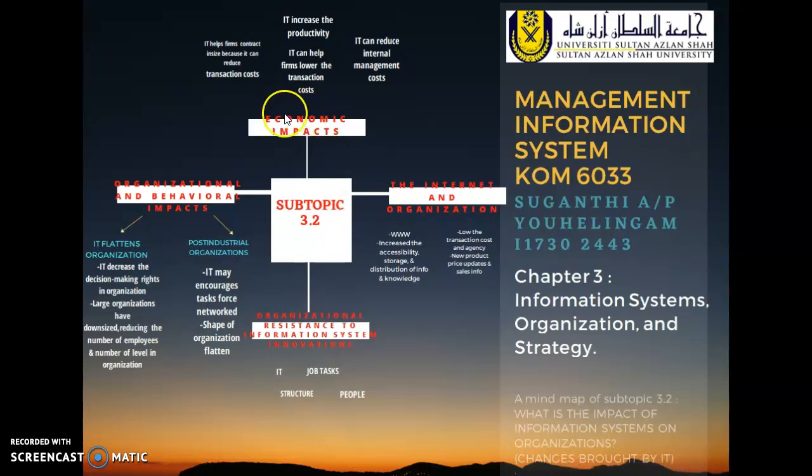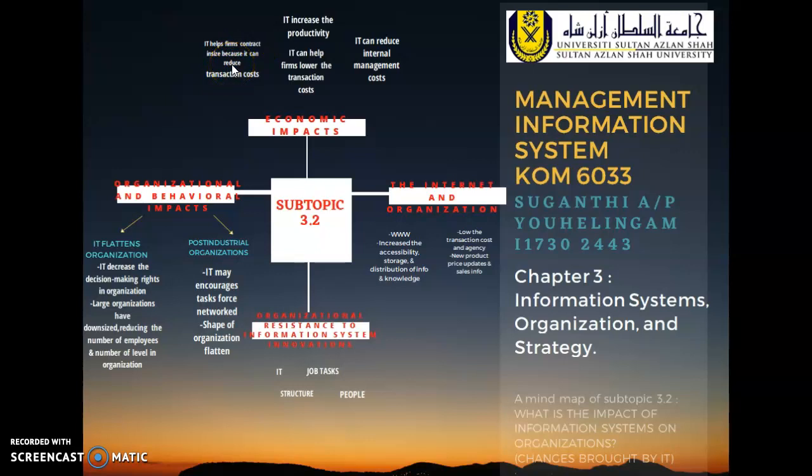There are two impacts. First, economical impacts. Economical impact changes relative costs of capital and costs of information. IT helps firms contract because it can reduce transaction costs.